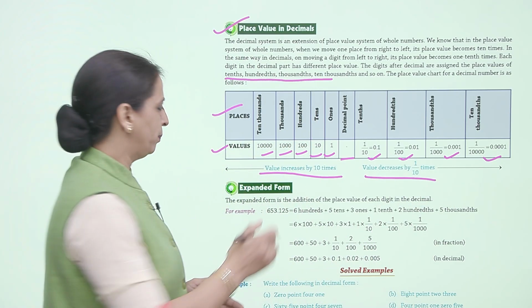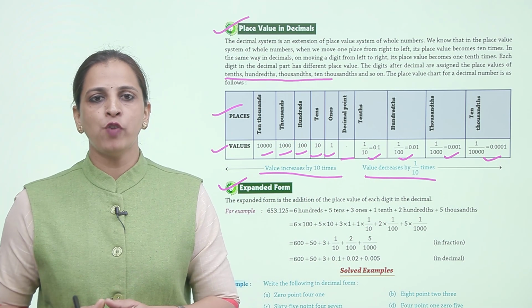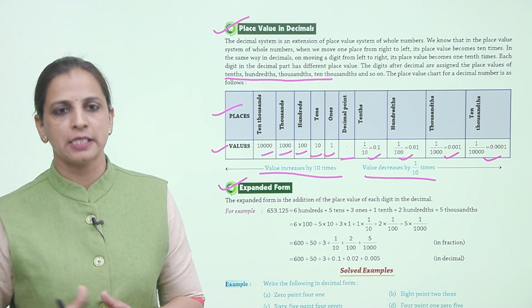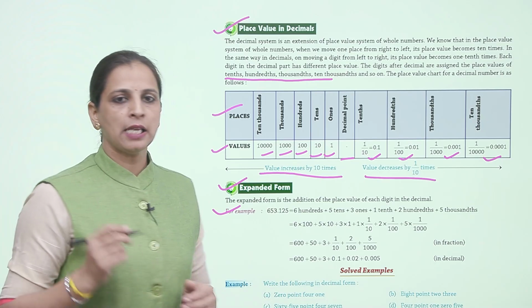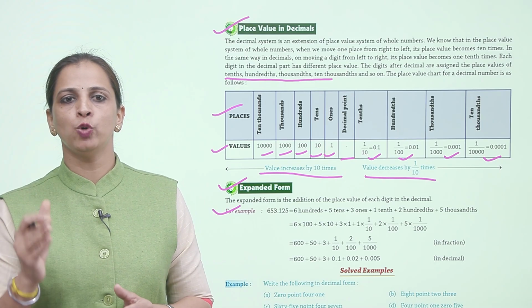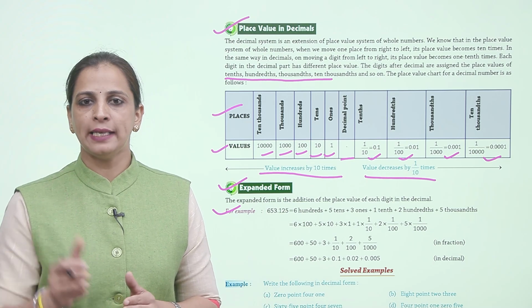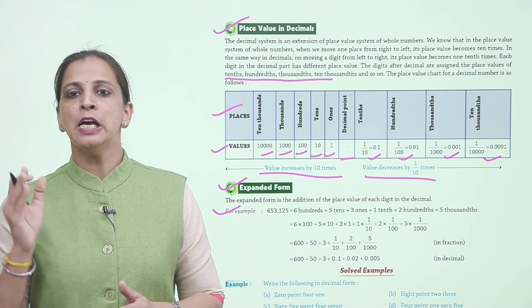Now, expanded form. The expanded form is the addition of the place value of each digit in the decimal. For example, 653.125 is 6 hundreds plus 5 tens plus 3 ones plus 1 tenths plus 2 hundredths plus 5 thousandths.